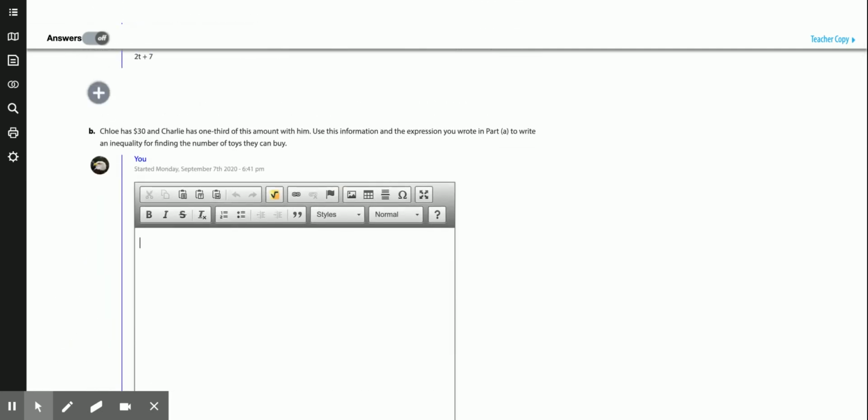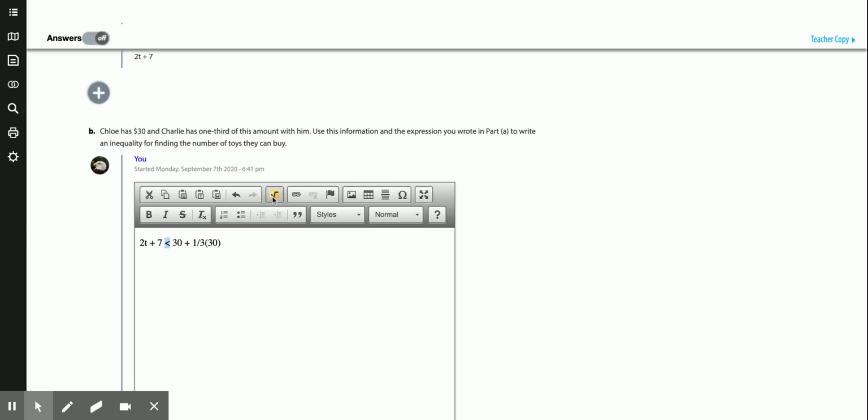So we'll say 2T plus 7 has to be less than what they have, because they have to spend less than this much money, which is $30 plus 1/3 of $30.